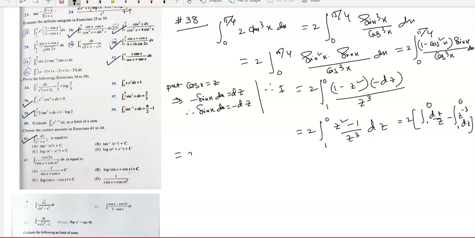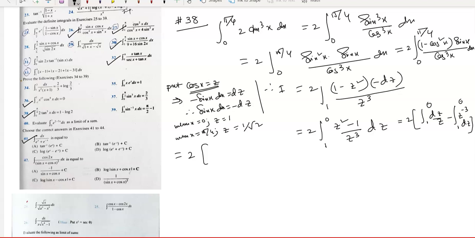All of you understand? So there will be 2 into, so if you have taken cos x equal to z, and when you are changing the limit, all of you can see that limit changing will be done in accordance with this. When x equal to 0, z is 1, and it was pi by 4, not pi by 2. When x equal to pi by 4, this will give you z is equal to cos pi by 4, that is 1 by root 2.